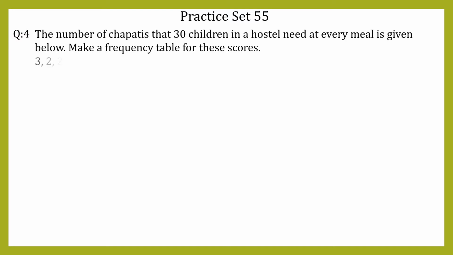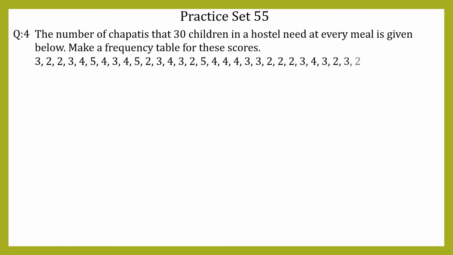Practice set 55, question number 4. Let's read the question. The number of chapatis that 30 children in a hostel need at every meal is given below. Make a frequency table for these scores. Now, dear children, we have been given how many chapatis each child in a hostel needs.